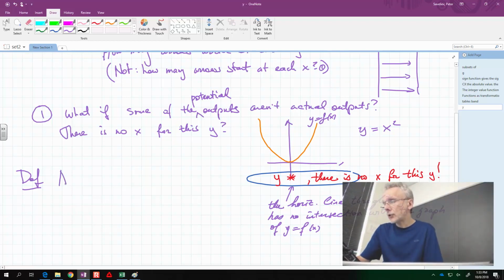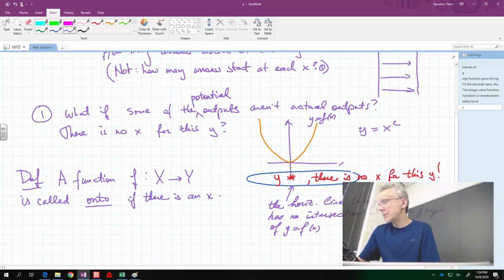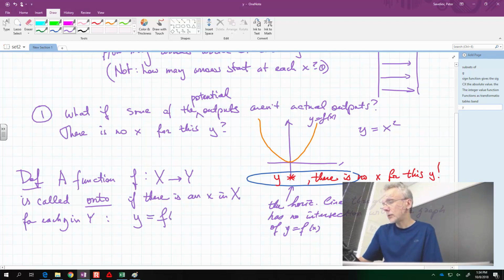So suppose we have a function f from X to Y. It is called onto, O-N-T-O, if there is an x in X for each y in Y such that y is equal to f of x.